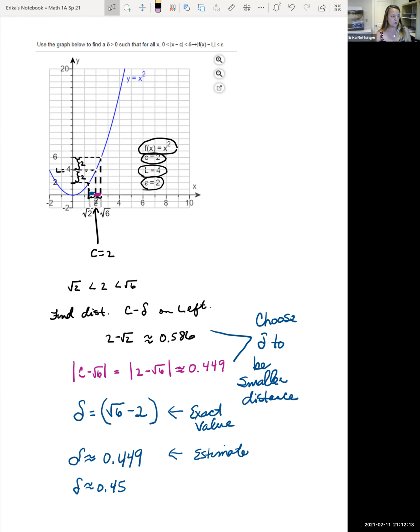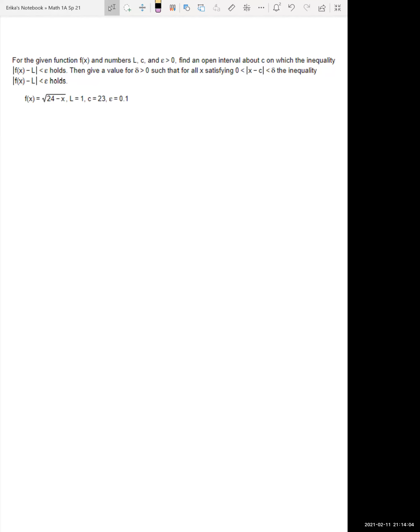Let's look at one more example. So looking at one more problem from this section, similar to something that you'll see on the homework. The problem says, for the given function f of x, the number L, C, and epsilon greater than 0, find an open interval about C on which the inequality, the absolute value of f of x minus L, is less than epsilon holds.